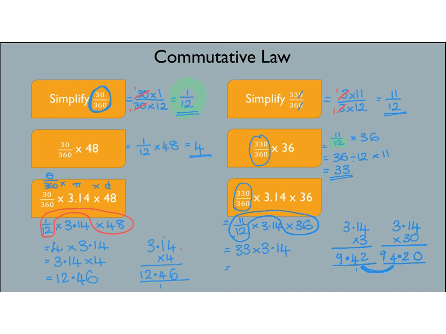So I am in the process of working out 3.14 times 30 and 3.14 times 3, because remember they're going to add together to give you your 33. 9.42, add them together, 103.62.